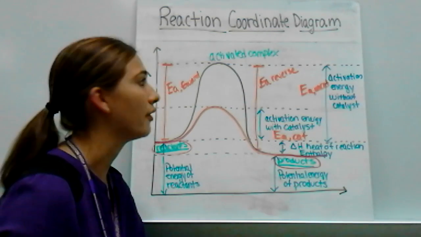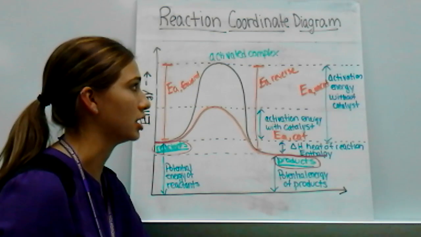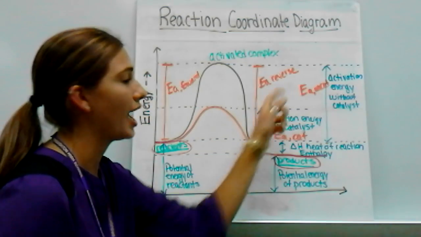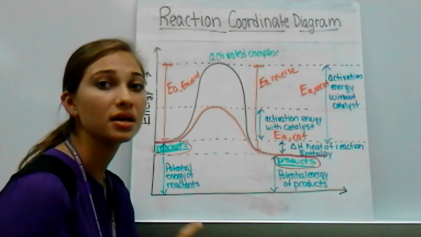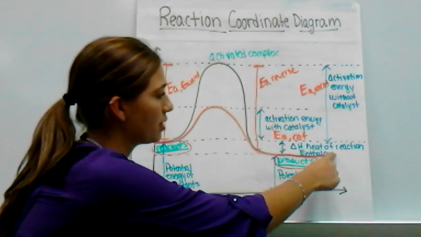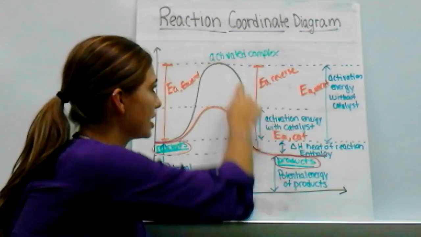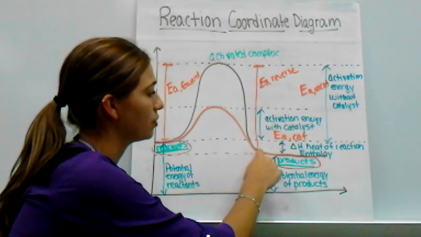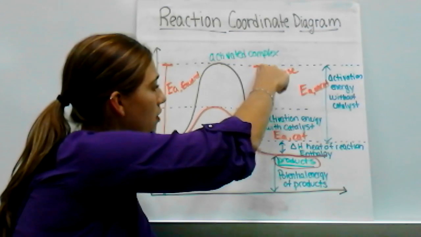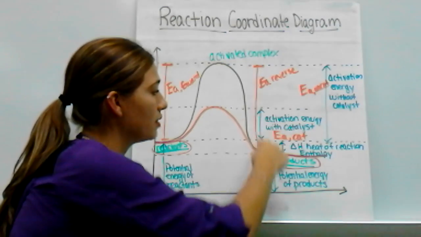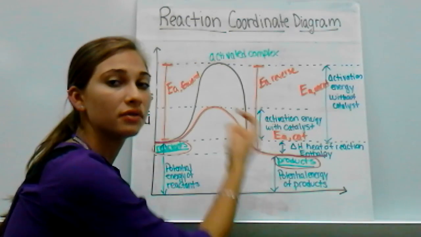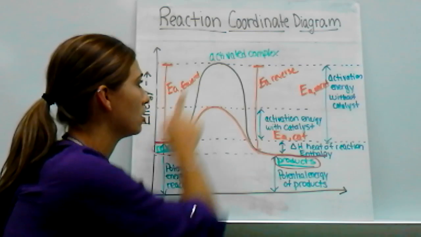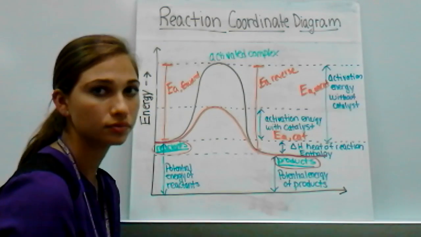If I said that we were going in the reverse reaction, our activation energy reverse would be slightly different. If we were going this way, in order to get back over here, our activation energy reverse would be from here all the way up to here. So it would take more energy to go in the reverse direction than it would in the forward direction.